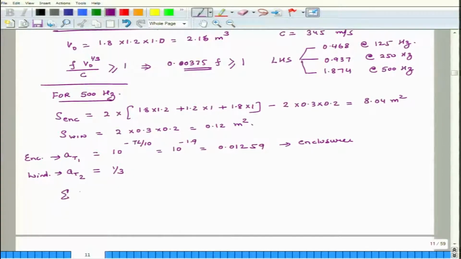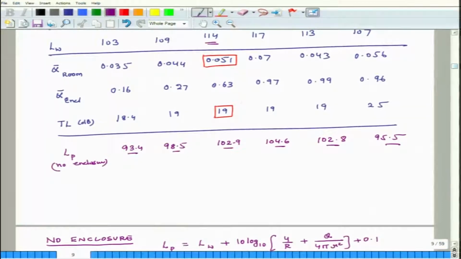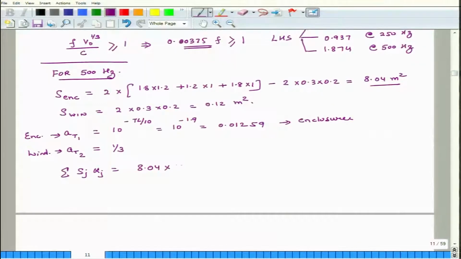So, the sum of Sj alpha j is equal to how much? The first surface area is 8.04 times its absorption coefficient. Again, for the enclosure, what is the absorption coefficient? 0.63, from the table. So, 0.63 plus the area of the window 0.12, and what is the absorption coefficient of an open window? 1.